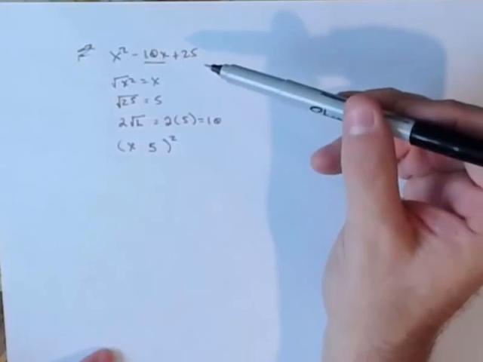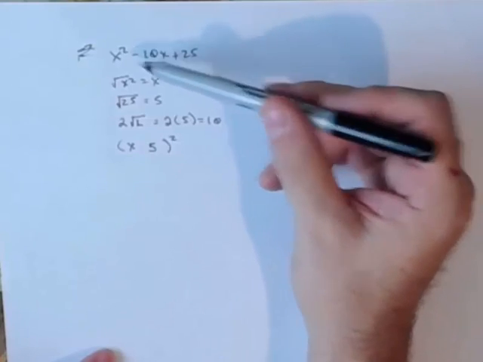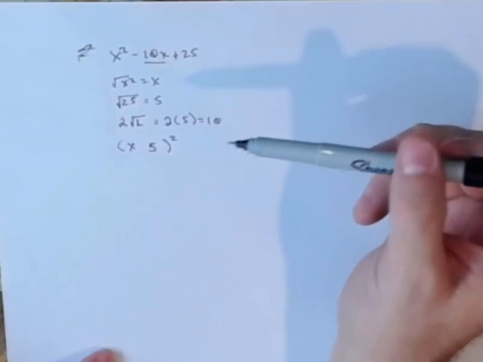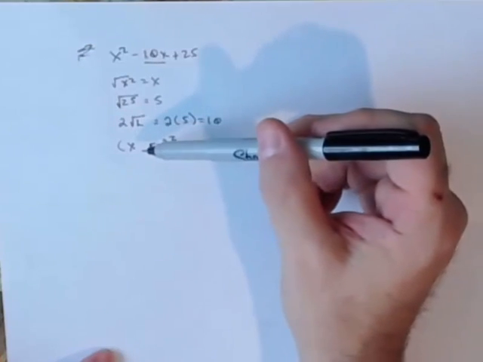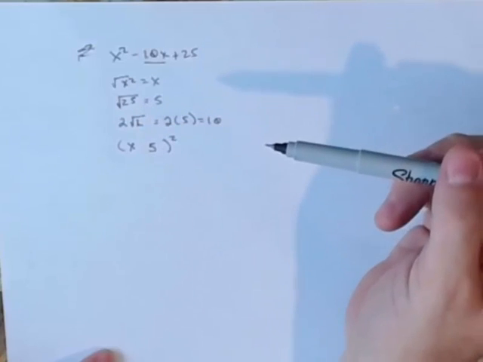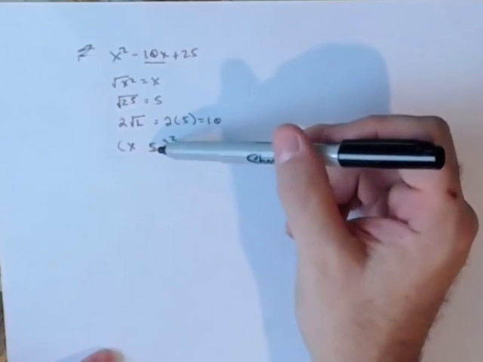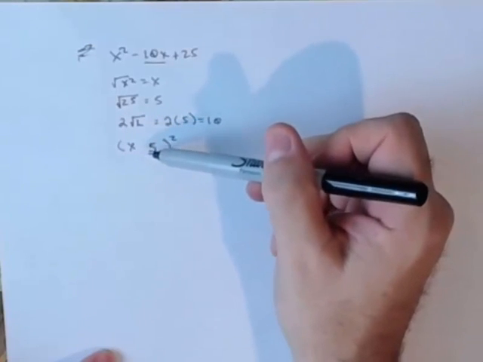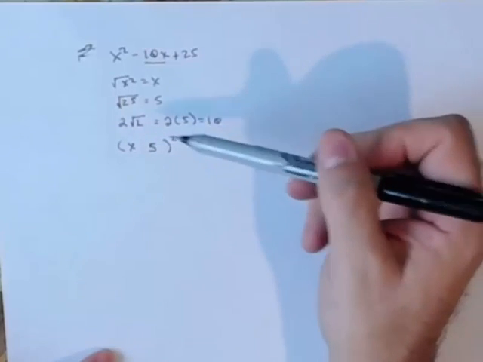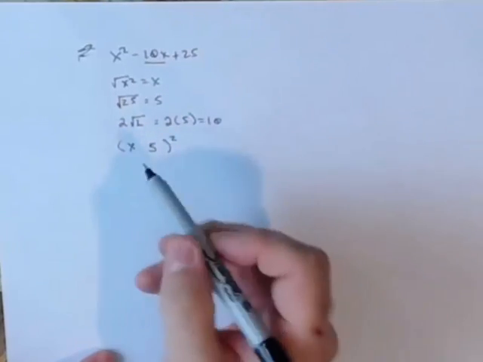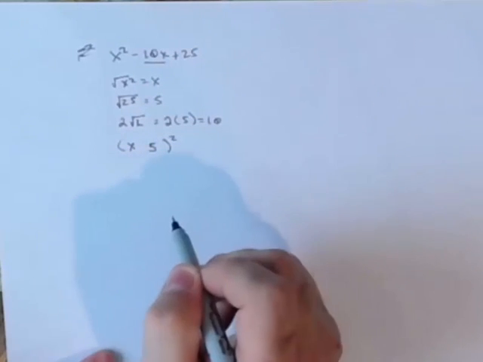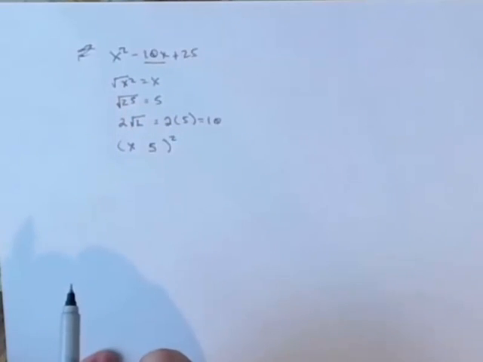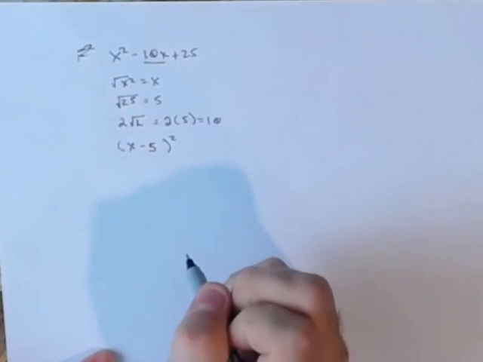They've got to be the same sign. Because it's a perfect square, it has to have the same sign. This could be either positive or negative. If it was positive, we would have a positive 10x. So it must be a negative.